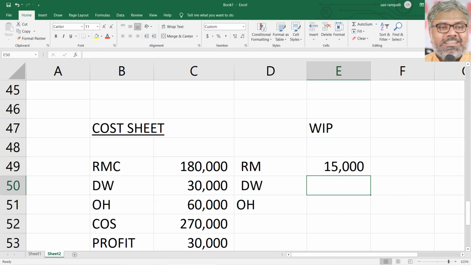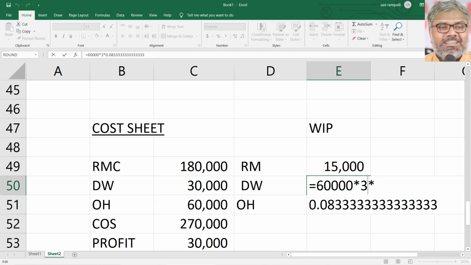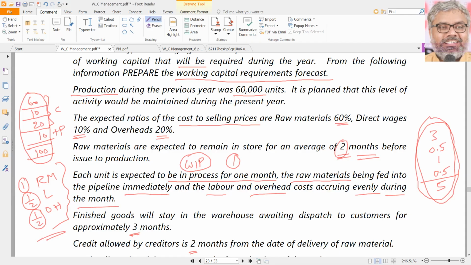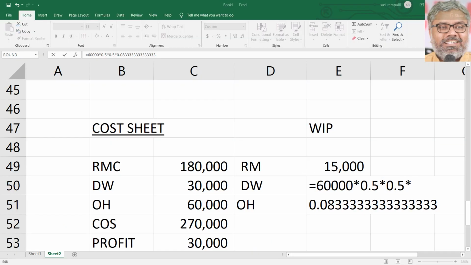In the same way, how much of that will be in the form of direct wages? The same 60,000, but instead of 3 rupees, here we have only 0.5 rupees. And one more point to be noted. Here we have taken half a month only. Why? Since wages and overheads are incurred evenly during the month, they are not introduced in the beginning.